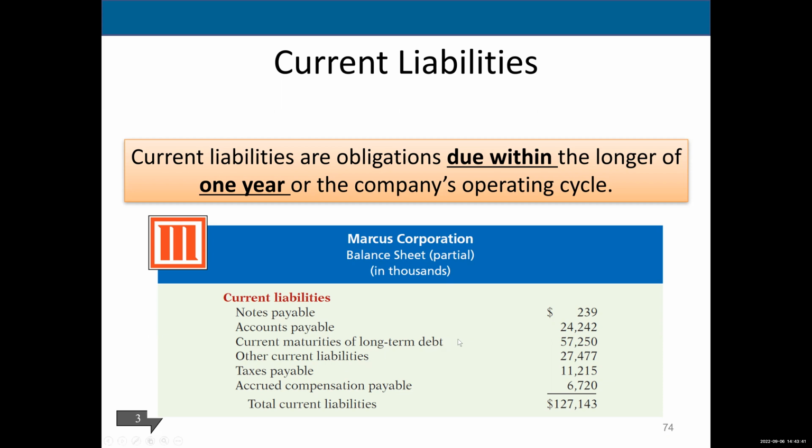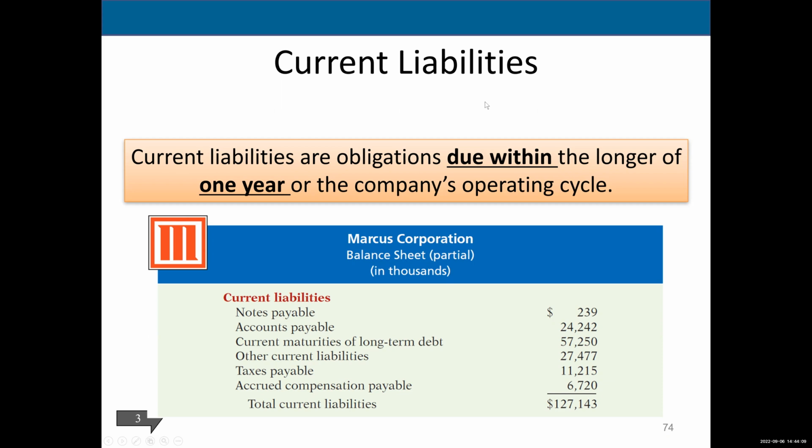So they had all of these long-term notes, but some of them were going to have to be paid at least partially within the coming year. So then we had to reclassify that long-term debt to current maturities of long-term debt, right? These are the amounts of the long-term debt that are going to be paid within 1 year, okay? And the others you don't have to worry about too much.